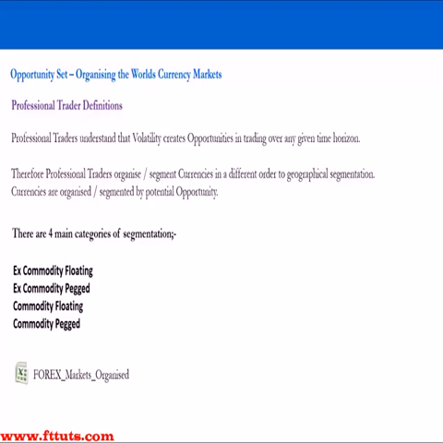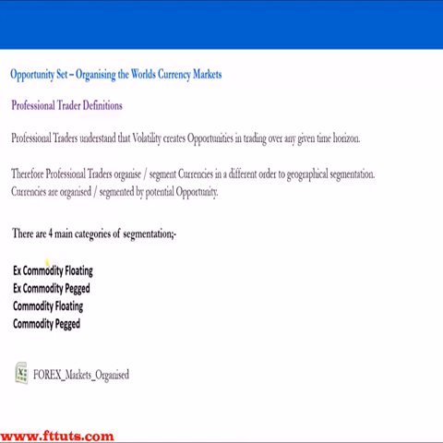And the way we do this in the first step, and there are further steps that we go through later in the video series, is to segment into 4 main categories, which are X commodity floating, X commodity pegged, commodity floating, and commodity pegged. So what we're doing is we're filtering here by currency regime and commodity exposure.